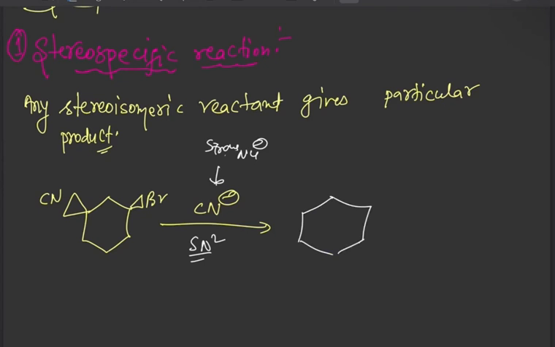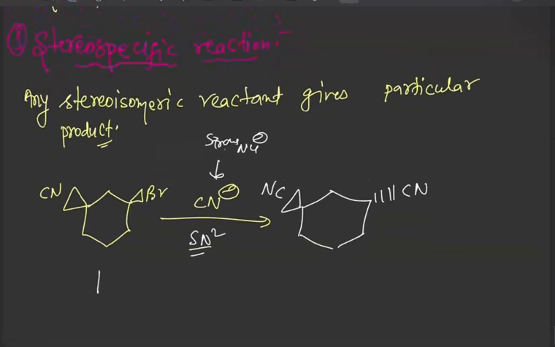Will it be on the same side or anti side? There will be anti. This will be an opposite attack in SN2. There will be an attack from the opposite side, and it will form this. So from the spatial stereoisomer, only one isomer is formed. It means the stereoisomer is giving you a particular product, and this will be known as a stereospecific reaction. We have already written this in the case of SN2 when we were studying it.